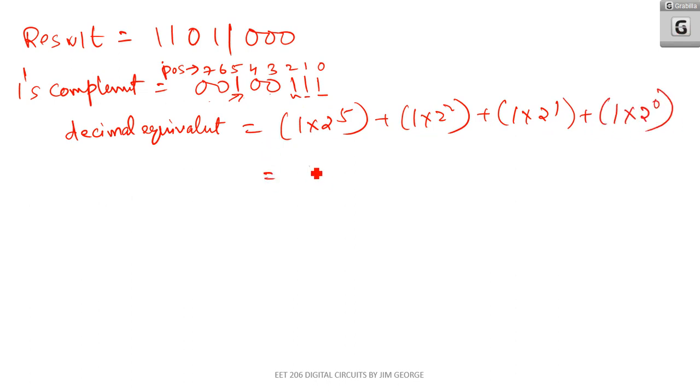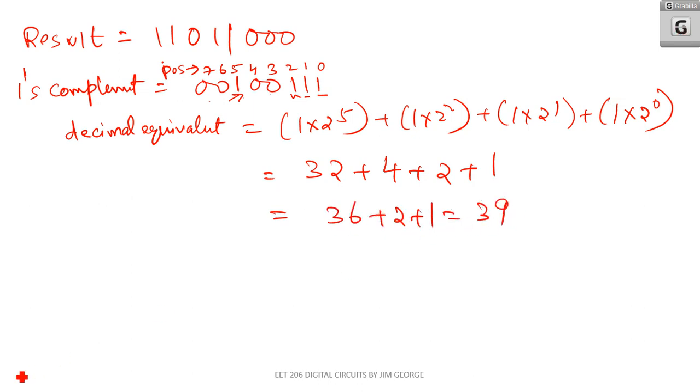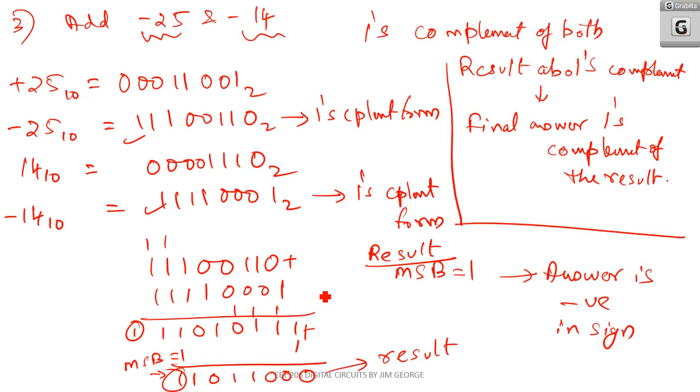So what is 2 power 5? That is 32. 2 power 2 is 4, plus 2 plus 1. So what is the answer? It is 36 plus 2 plus 1. So the answer is 39. And since the MSB of the answer is 1, we should give the negative sign.